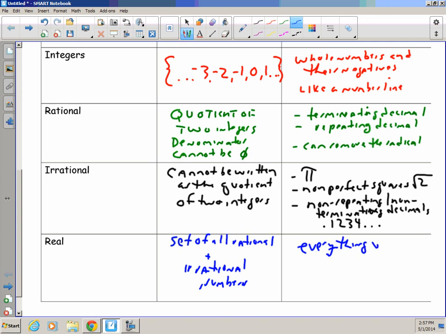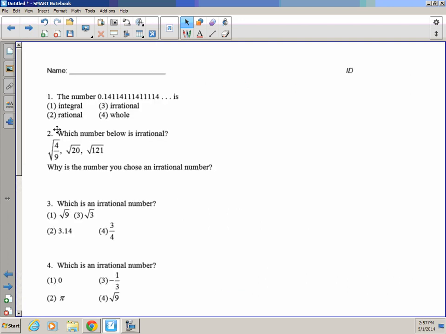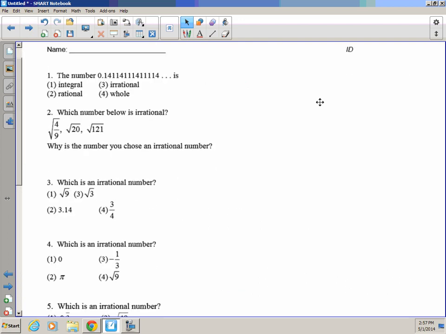When you get to Algebra 2, you will come across what are called imaginary numbers. And those are numbers that are used in science for certain science formulas. All right, so let's just go through these examples.